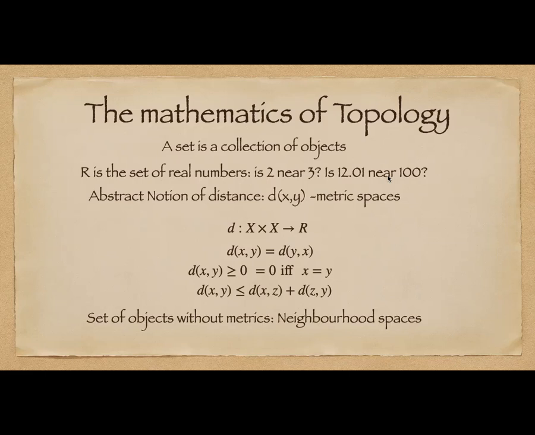An empty set is a set with no elements in it. Then we can build sets of numbers. In particular, our favorite set is the set of real numbers, which we write symbolically as R. That's the typical mathematical notation for the set of real numbers.